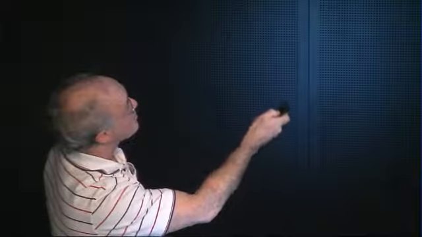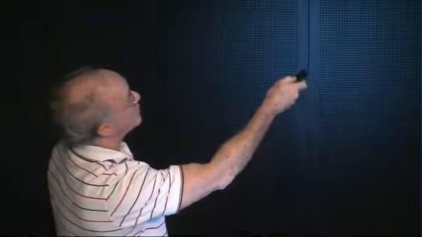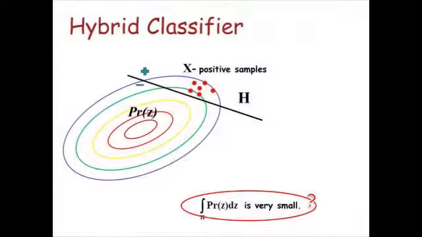So if you would compute the integral of the probability over this half plane, over the acceptance region, you would get a small number. That's the whole idea. Okay? And the question is how to enforce this condition.